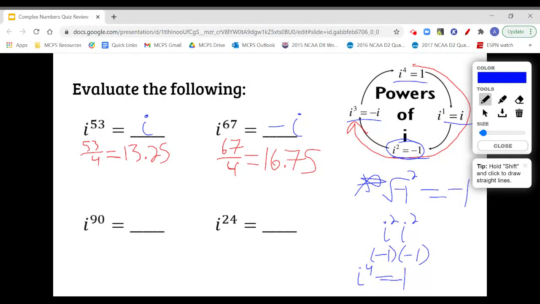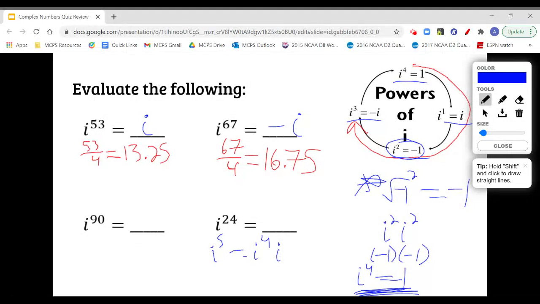Okay. Now, as I said, because this is a cyclical function, as I increase in value, I'm going to keep working around this cycle. And that's because as I keep increasing from here, eventually I'll keep going back to i to the fourth, because every 4, I'm going to get 1 since i to the 4 is 1. Right? So like if I want to know what i to the 5th is, I can simplify it to i to the 4 times i, right?